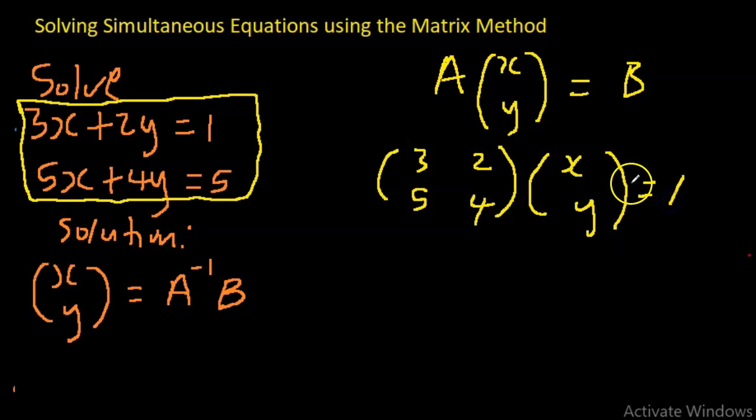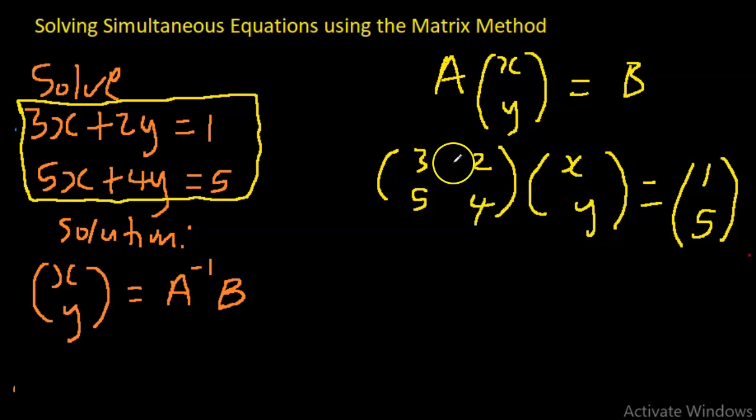1, 5, right? So you would notice that if you expand these brackets here, remember how you expand matrices? Row times column, right?